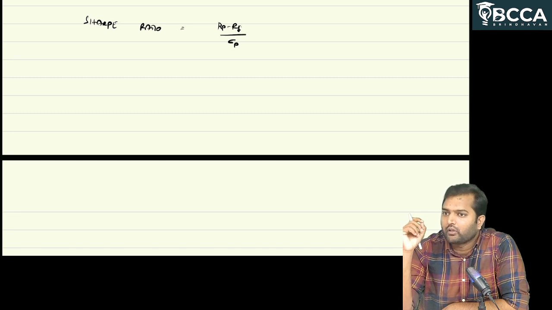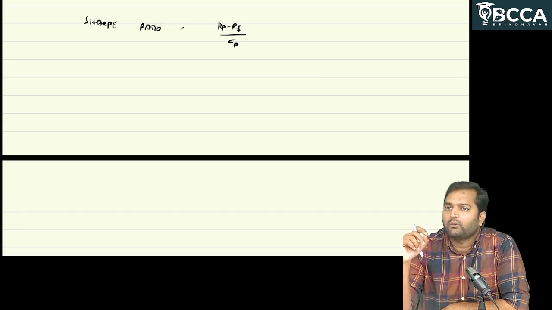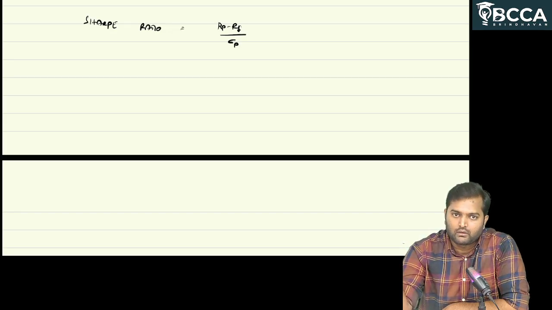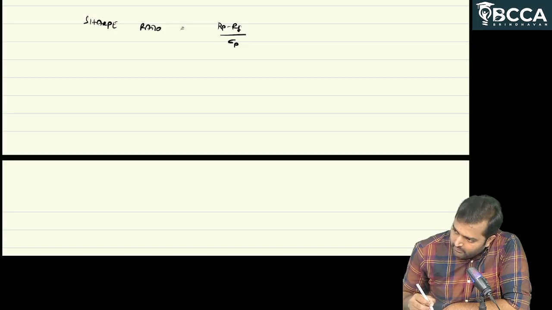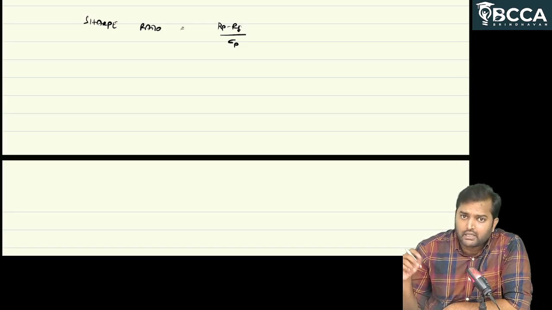The higher the Sharpe ratio, the better it is. Ranking will be given on the basis of the Sharpe ratio, so rank 1 will be given to the security which has the highest Sharpe ratio.